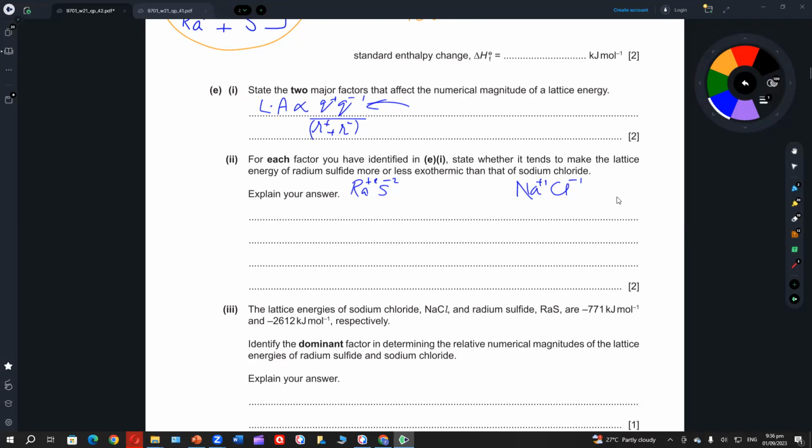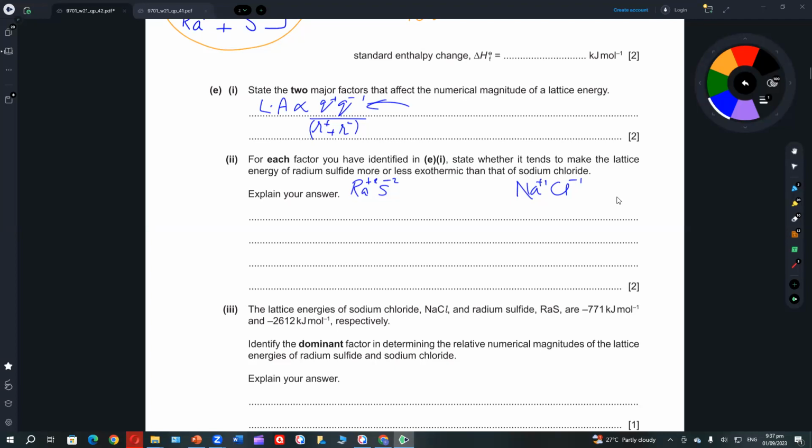Interestingly, the lattice energies are given in the next part. It means it's a subtle effect; otherwise, he won't be giving us the values.